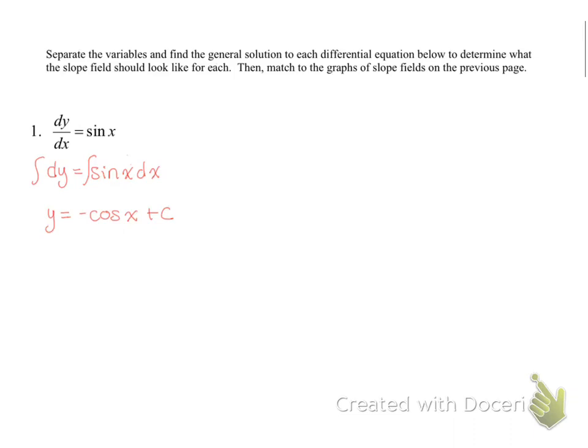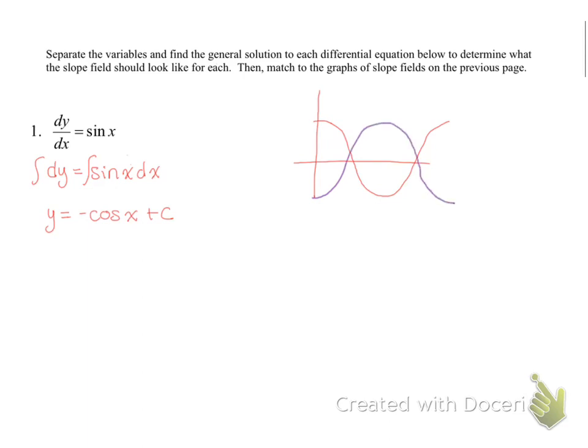If you know what the graph of cosine looks like, it's the one that starts at 1. I call it a salad bowl because it looks like a salad bowl. So negative cosine is going to start down here and go like that.